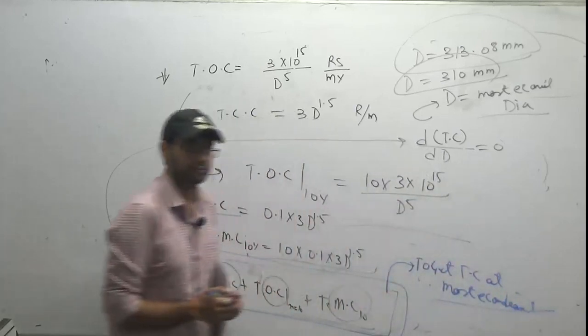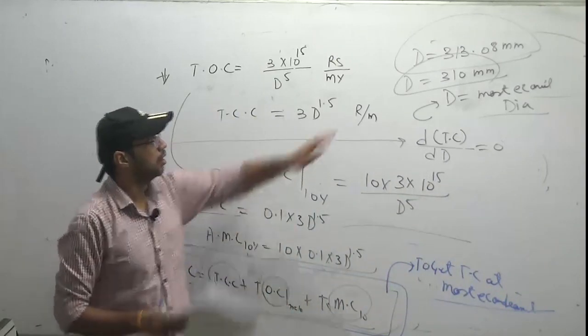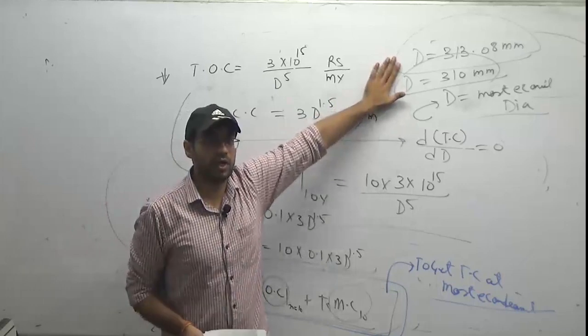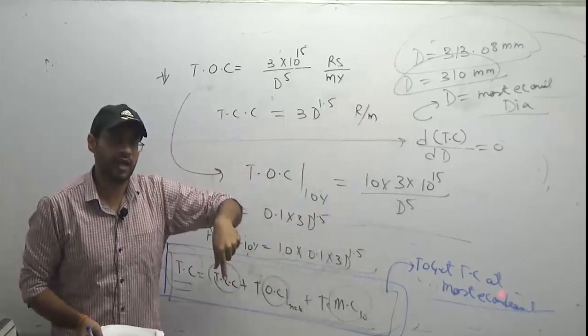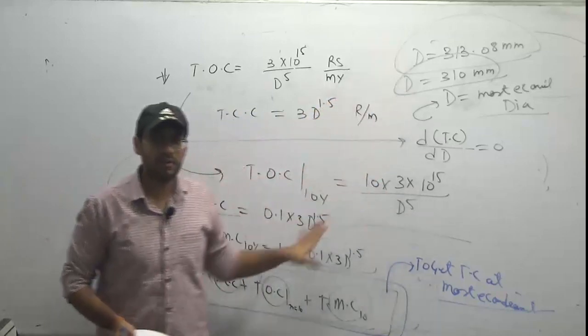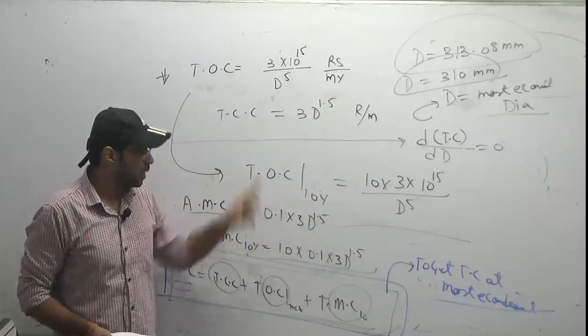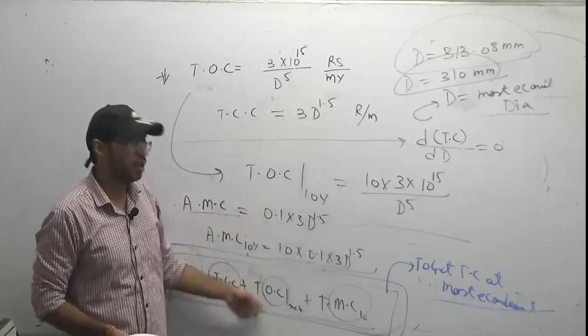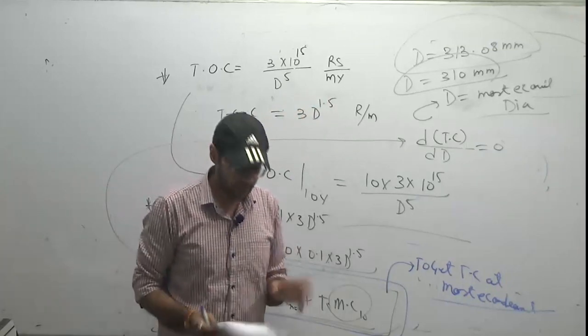So instead of asking the most economical diameter, they can ask you about the total cost. For that, you calculate the most economical diameter with optimization, then place the value of diameter in this equation. You will get the answer, right?